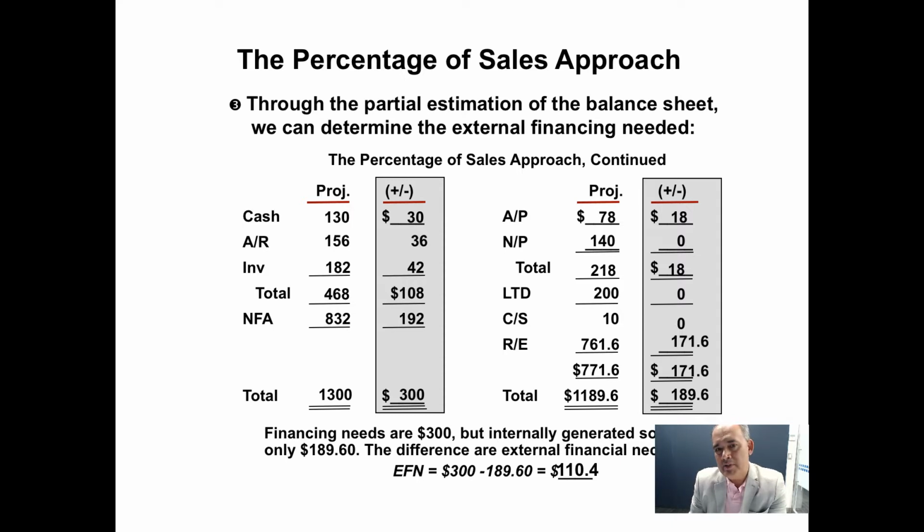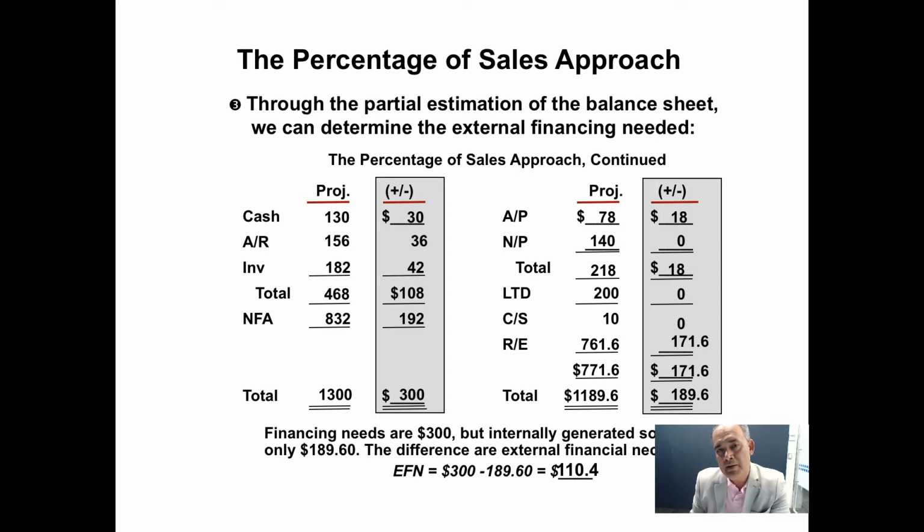The naive step consists in assuming that the company is going to be financed in exactly the same way as it is right now. If this is true, the difference between the total amount of assets and the total amount of liabilities plus equity, which is $110 million, is going to be my first estimation of the external financial needs.